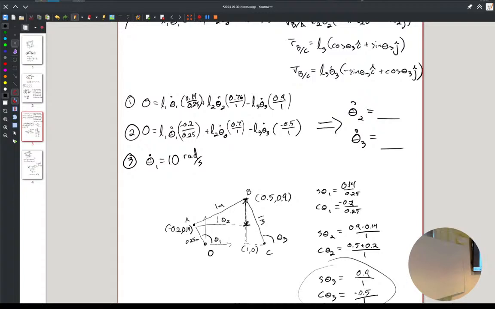Yeah, we just had 2 missing values, right?